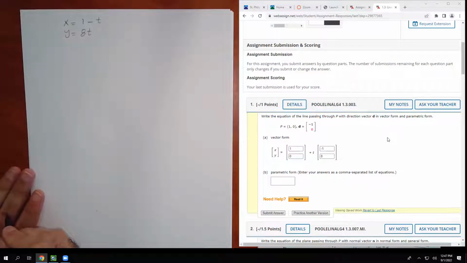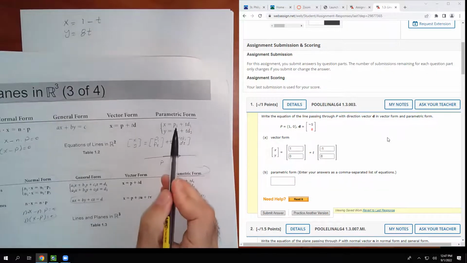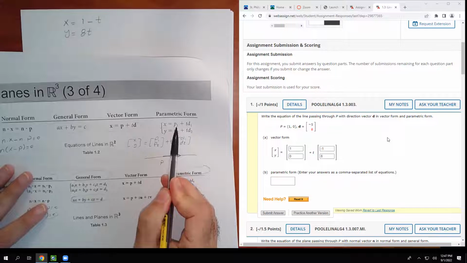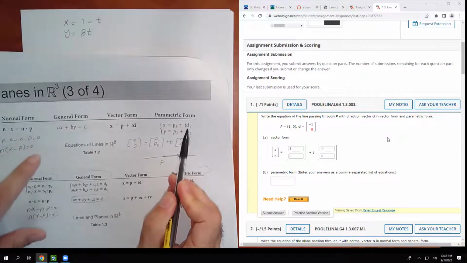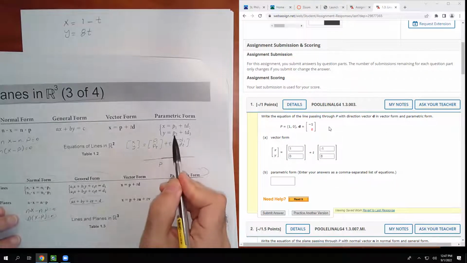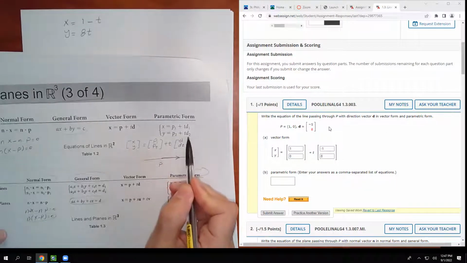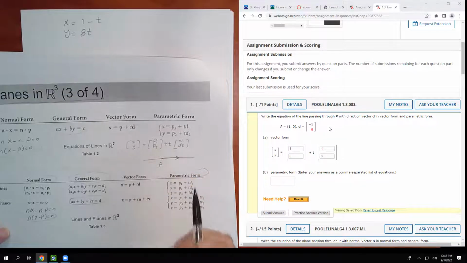So these are the parametric equations, and if you want to just plug in using the formula, X equals P1, which is 1, plus T times D1, which is -1. And Y equals P2, which is 0, plus T times D2, which is 8, so it's going to be 8T.